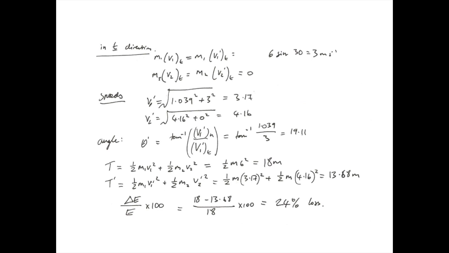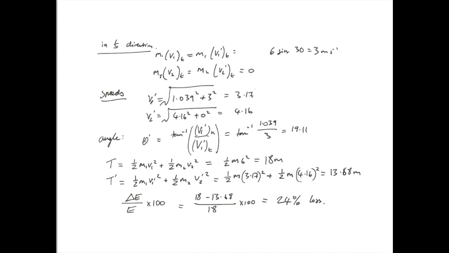Now, doing the same in the tangential direction, particle 2 is initially stationary, so we're looking at the tangential component of particle 1, m1 v1t, and that must be equal to m1 v1 dash t.